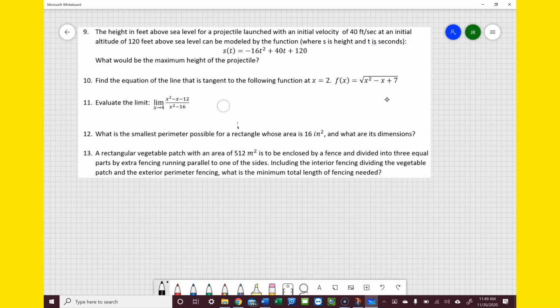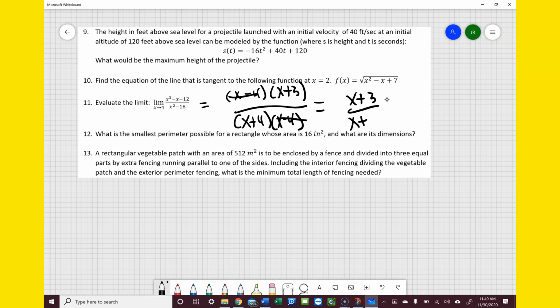So I think the best thing to do is to see if the top and bottom factor. That's going to be x minus 4, x plus 3 on the top, and x plus 4, x minus 4 on the bottom. The x minus 4 should cancel, and we come up with x plus 3 over x plus 4.